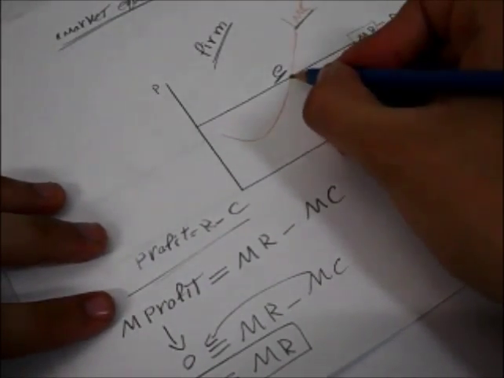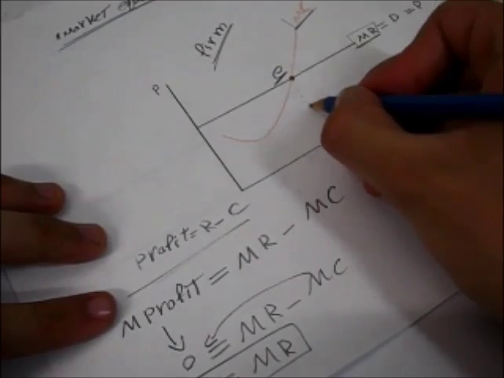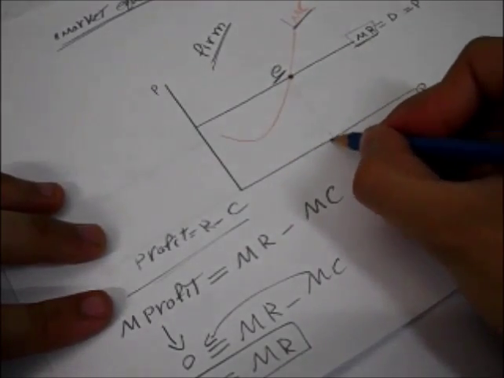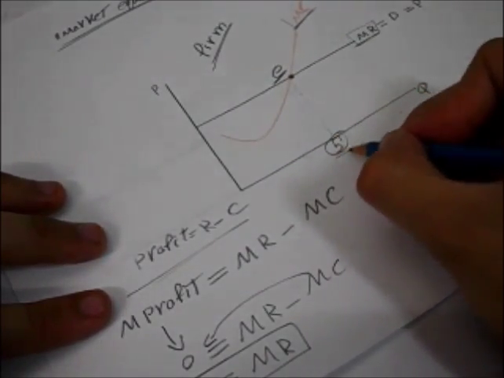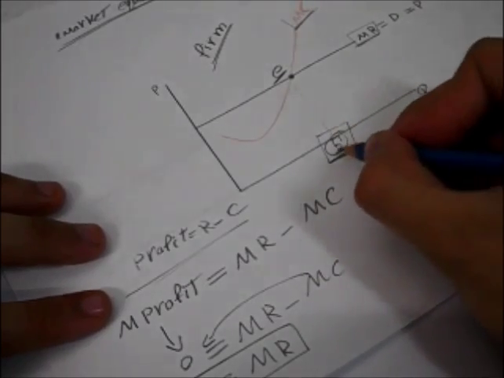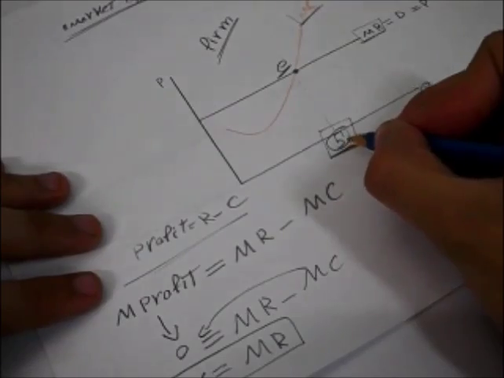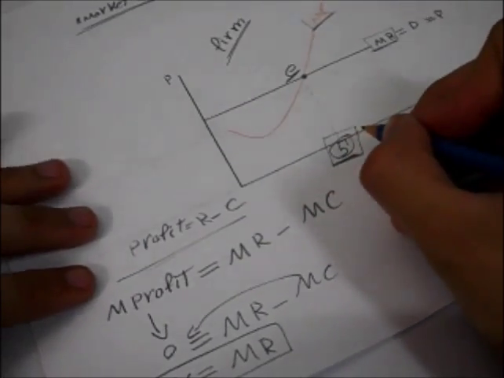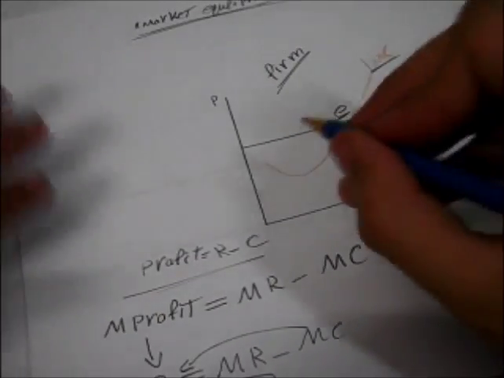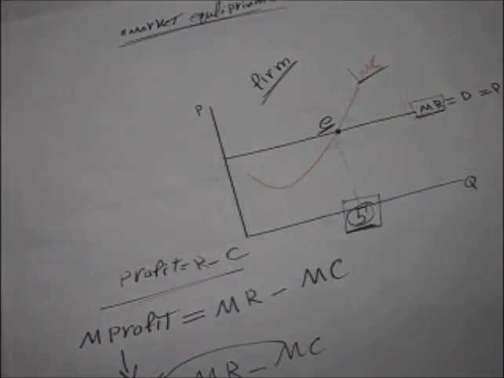So let's say that the point of equilibrium is, for example, a quantity of 5. At this quantity, when the firm offers 5 units, it is maximizing its profit, and it is in equilibrium.